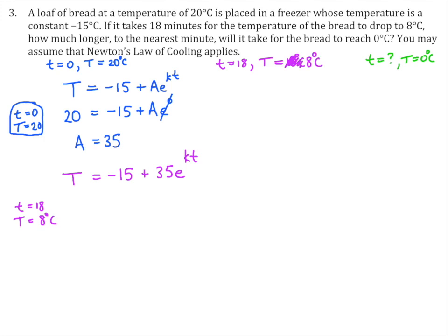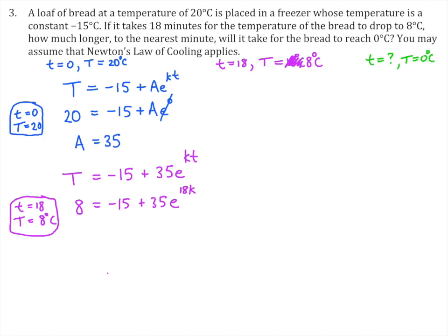That's better, because after 18 minutes, it's 8 degrees Celsius. Righto, now that we've fixed that, let's keep going. That becomes 8. Using this information here, we'll get 8 equals minus 15 plus 35 e to the power of k times 18, which is 18k.